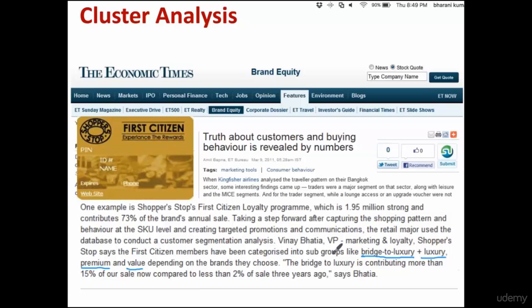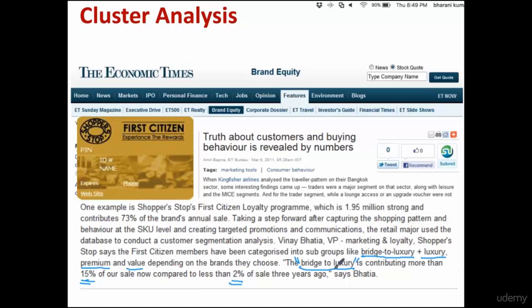What was the ultimate business objective here? The bridge to luxury was earlier contributing to only 2% of the sales. From the time it was implemented, it has taken 3 years to mature, and they are now making 15% of the sales from the bridge to luxury cluster, a segment of people basically.